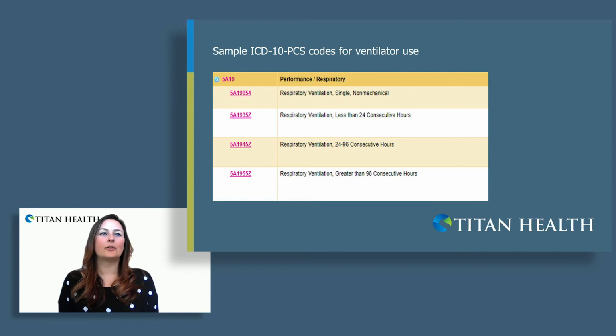You look at the next code, 5A1945Z, that is for 24 to 96 consecutive hours, with consecutive being key. With 5A1955Z, that's the highest coded category with greater than 96 hours. This code can be the determining factor on whether you get a higher weighted DRG or a lesser weighted DRG.